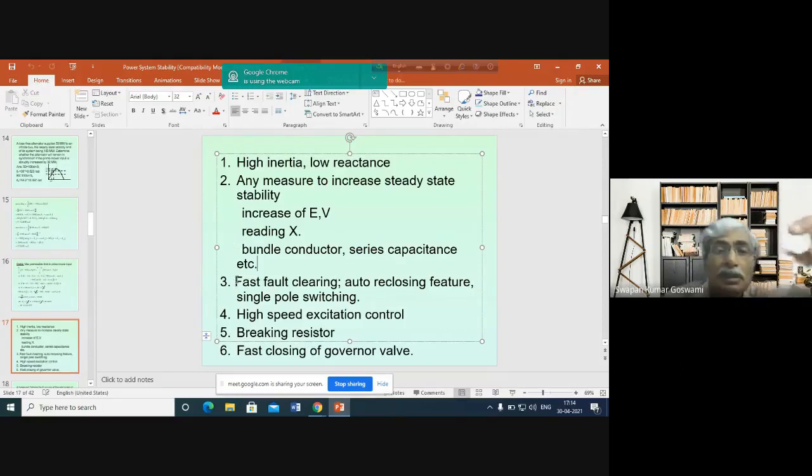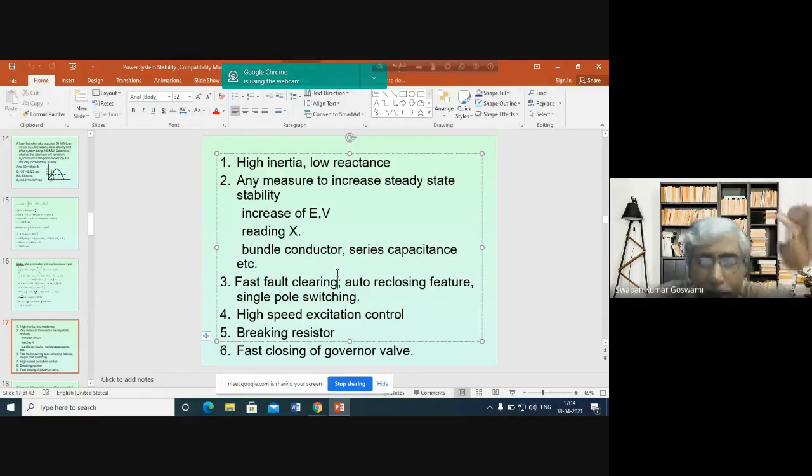But now let us come to other points where the transient stability will be improved directly. One is fast fault clearance. What is fast fault clearing? If you remember, we have mentioned the critical clearing angle.